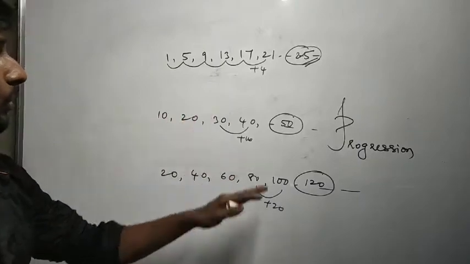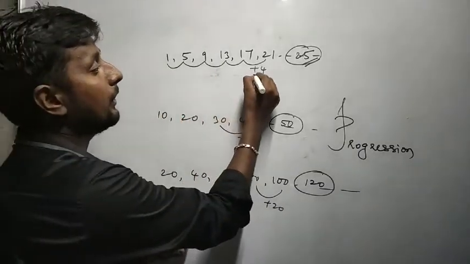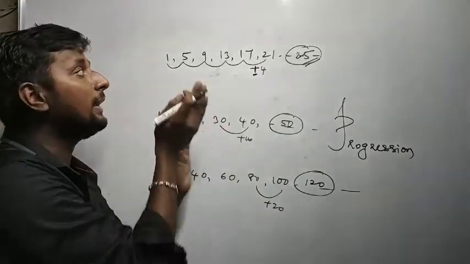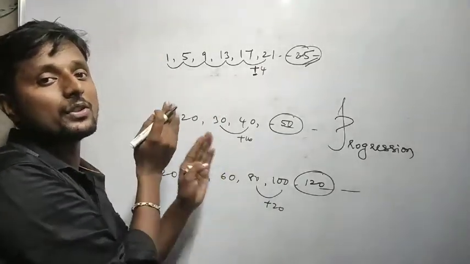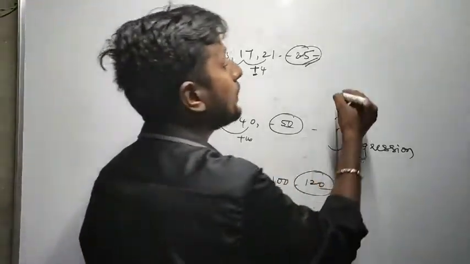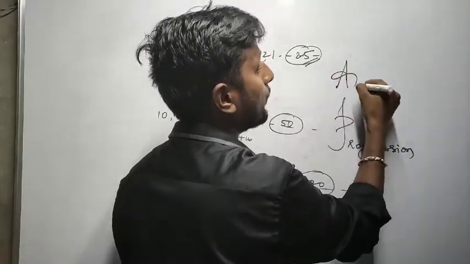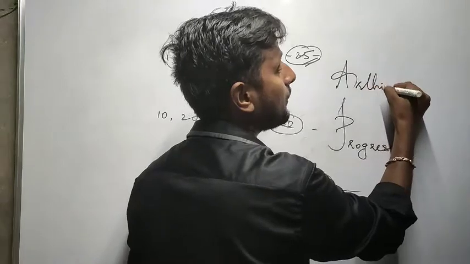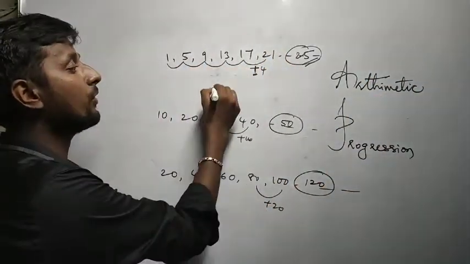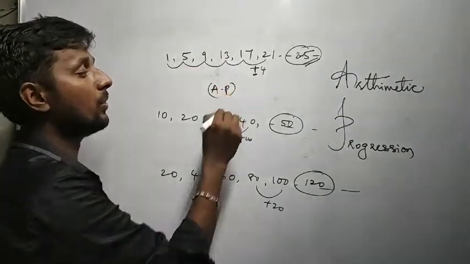Whatever difference you are looking at, here we have an addition property. By adding a certain common difference to the previous number, you get the successive number. These kinds of progressions are called arithmetic progressions, and the short form we write is AP.